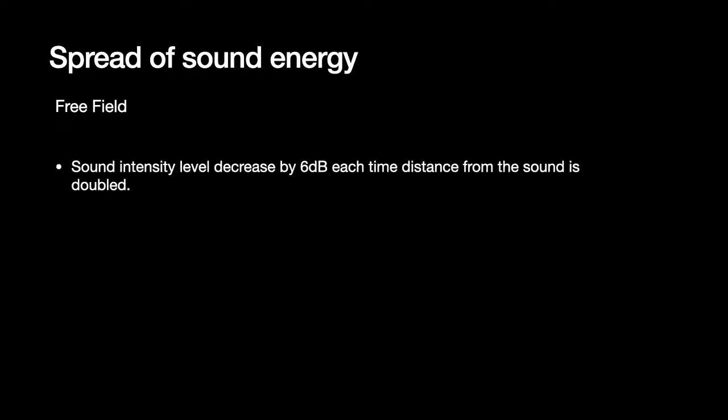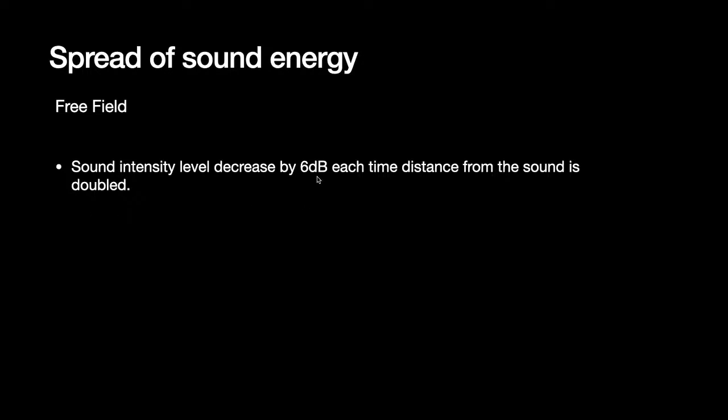So let's do some simple calculations. Sound intensity level decreases by 6 dB, a 6 decibel drop, each time the distance from the sound is doubled. So do remember that whatever sound source you are having, it doesn't matter whether you are at 1 centimeter or, say, 10 meters, if you double the distance, you will get a 6 dB drop.